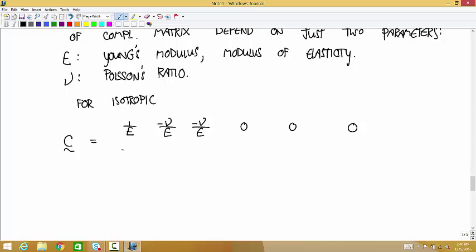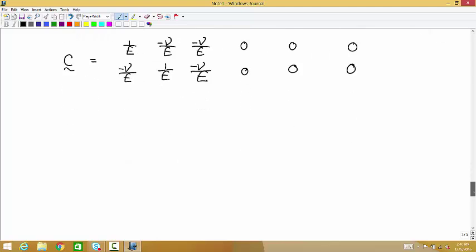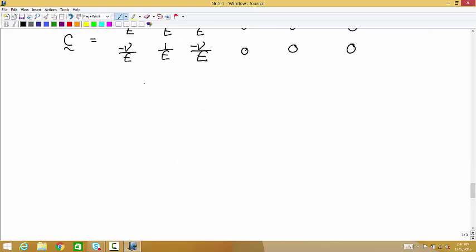Then the second row is negative nu over E, 1 over E, negative nu over E, 0, 0, 0.